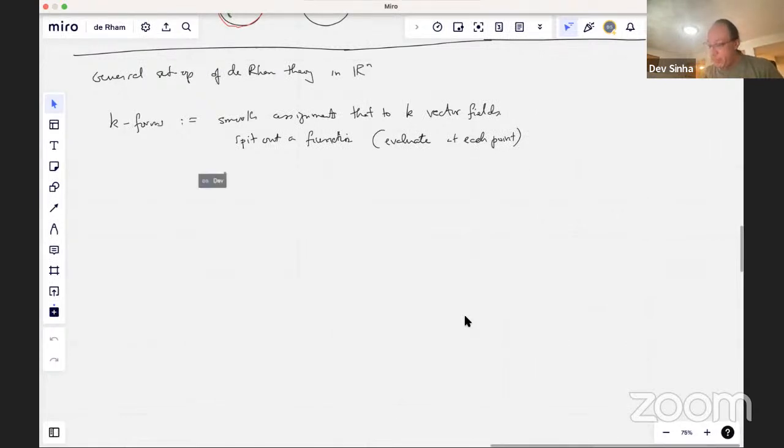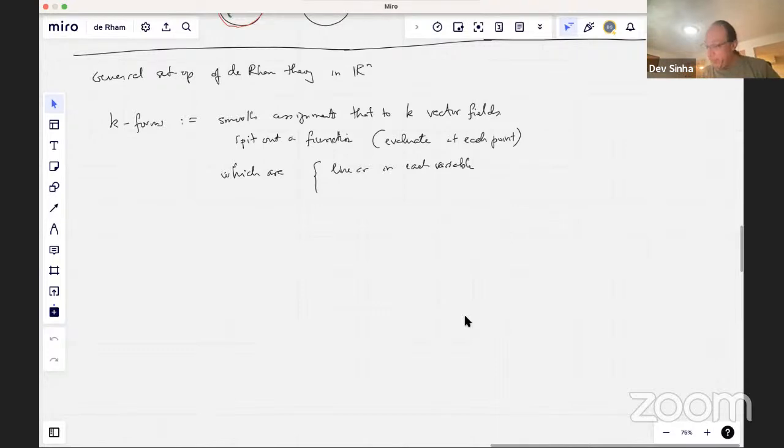And these are linear in each variable. So if I scalar multiply all the x coordinates in my vector field, the form will spit out something that is just scalar multiplied.